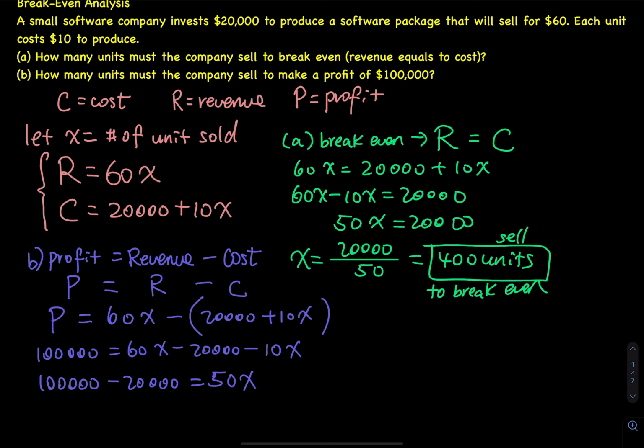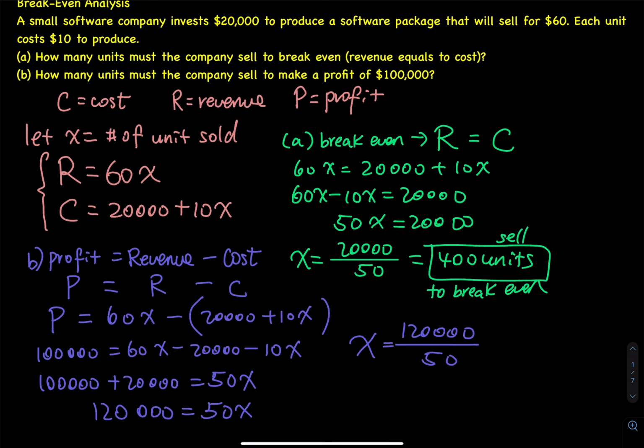This is a 50x. 100 minus 20 is what? It's a 100 plus 20, I just mixed up the sign. 100 plus 20 is 120,000. So 120,000 equals 50x. And then x equals 120,000 divided by 50.